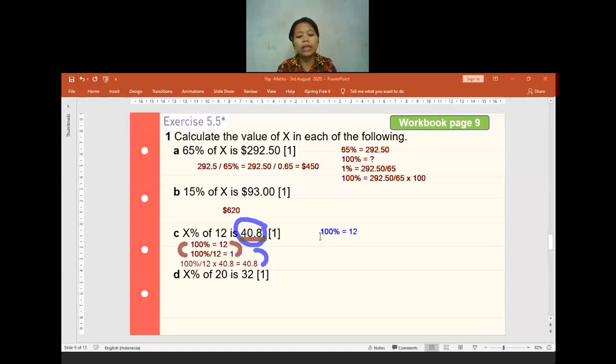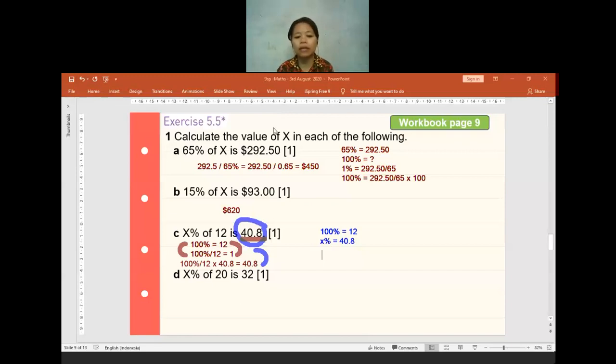Our question is x percent is equal to 40.8. We are going to find how much x is. Until here, is there anyone having a question about translating the question into a calculation? Is there anyone still confused?